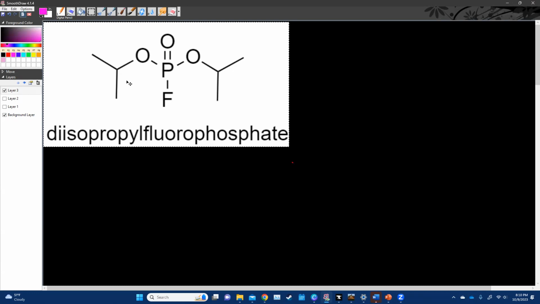This is one of those organic phosphate poisons that we talked about in P-col. And these are all of your irreversible acetylcholinesterase inhibitors.